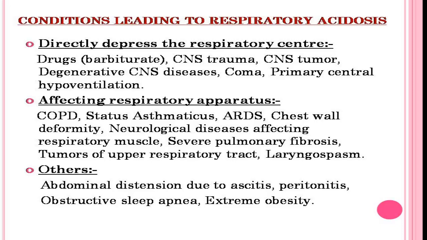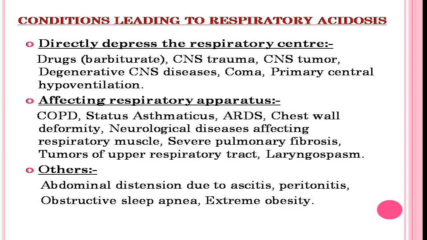And there are some other factors also, like abdominal distension due to ascites and peritonitis. Again the same thing: ascites and peritonitis lead to the abdomen being very much full, and for this reason the lungs will not get enough space to expand.